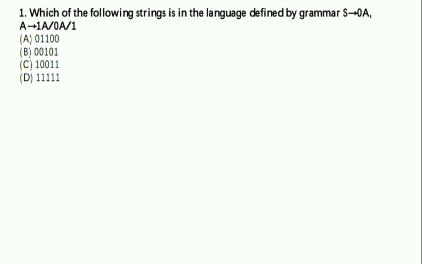So, the first question is, which of the following strings is in the language defined by the grammar with non-terminals S and A? So, we have to find out which of the following strings follows the given grammar. The starting symbol is S, which gives 0A.